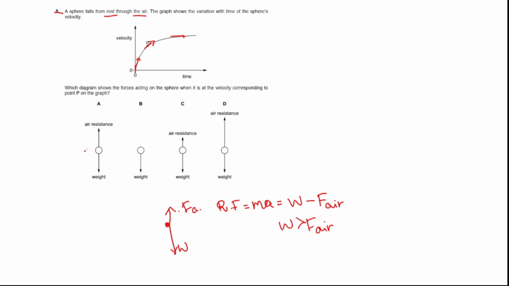Then at that point there is no acceleration. That's the option given here. This is completely wrong, and in option B there is no air resistance, that is never going to happen. And in this one, the weight is greater than the air resistance, so the correct option is option C.